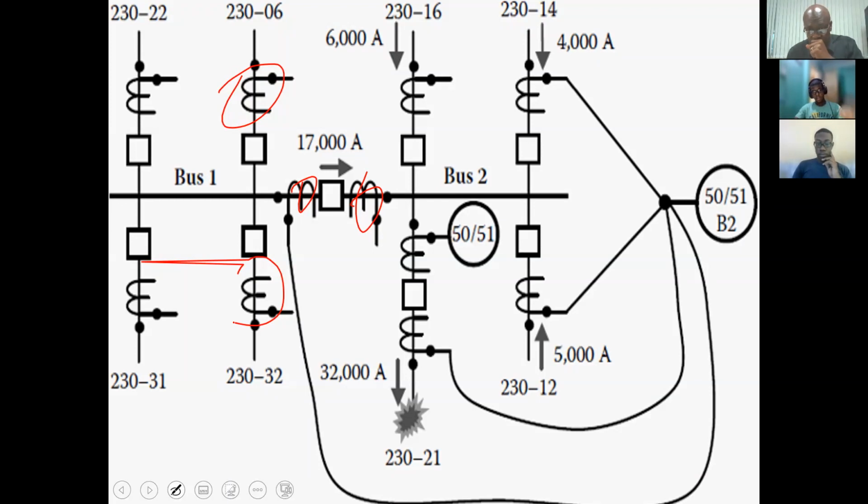But anyway, we have the device numbers which are shown there, your 50 and 51, which are your overcurrent relays, whether instantaneous or time overcurrent relays. We are not showing, for example, the breaker numbers, which would be your 52, etc. But the bottom line is, this is the setup.